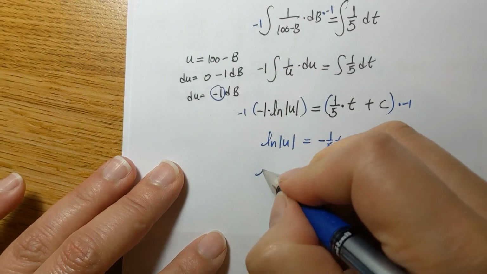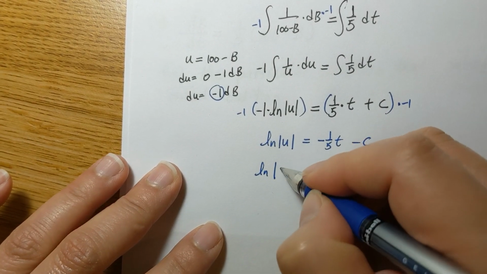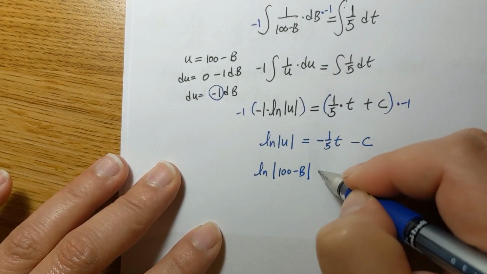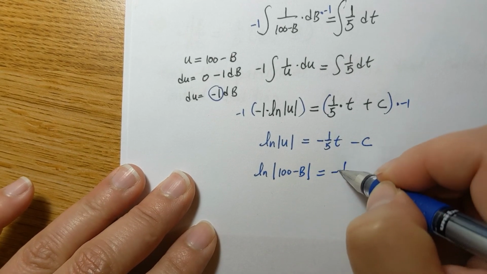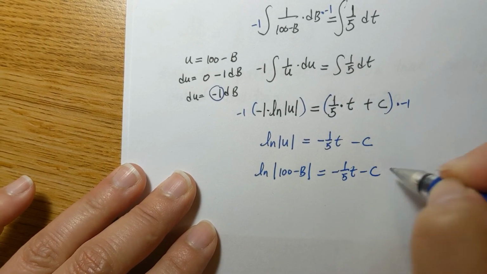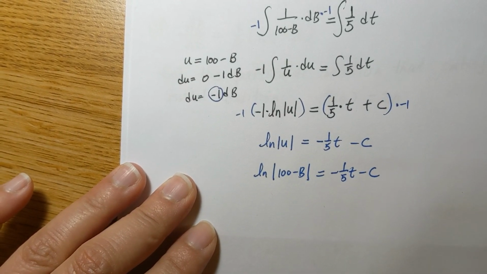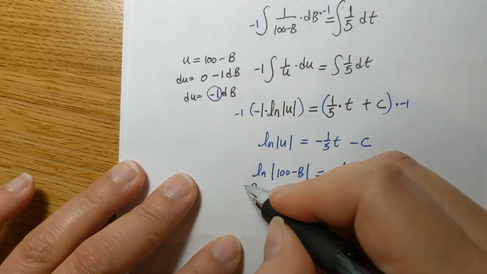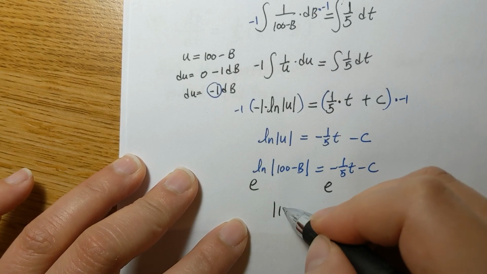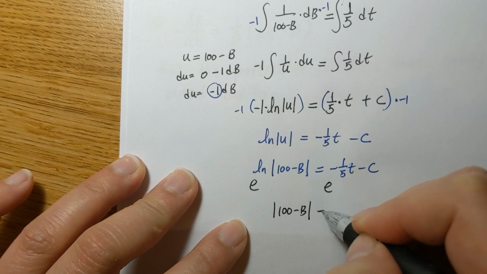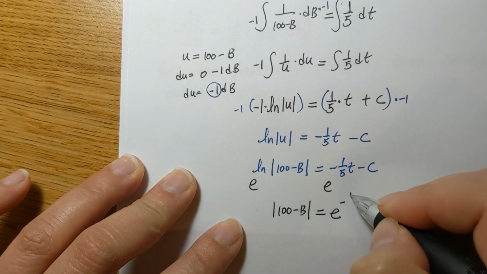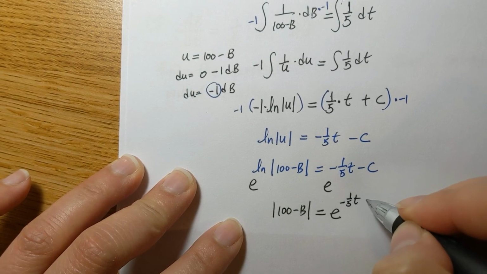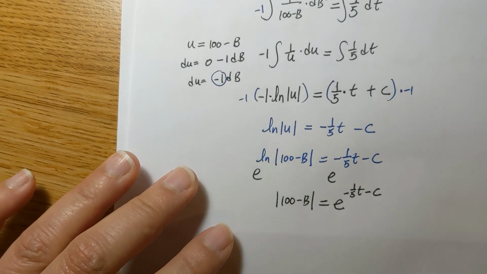Now I'm going to replace the u by 100 minus b. In order to get rid of the ln, I need to use the base e. So this cancels, I get absolute value 100 minus b equal to e to the -1/5 t minus c.